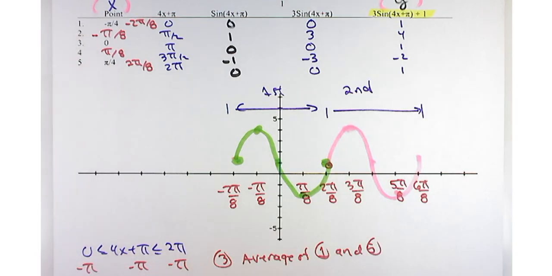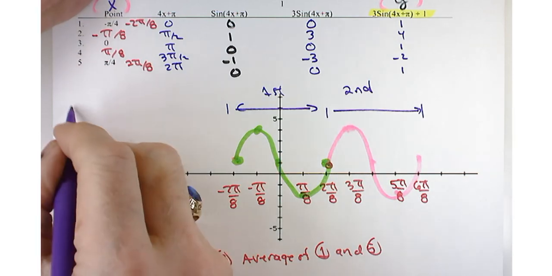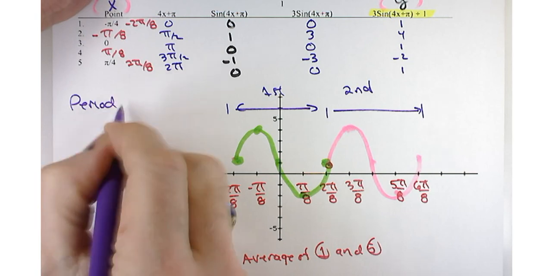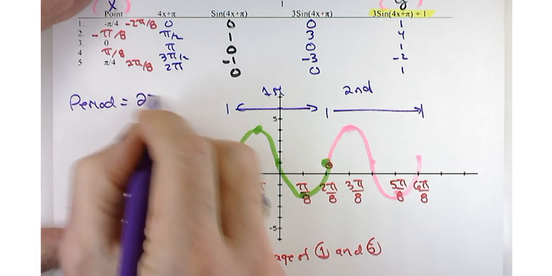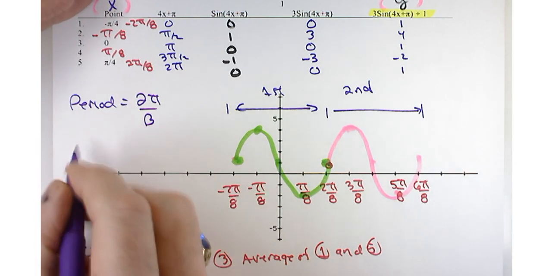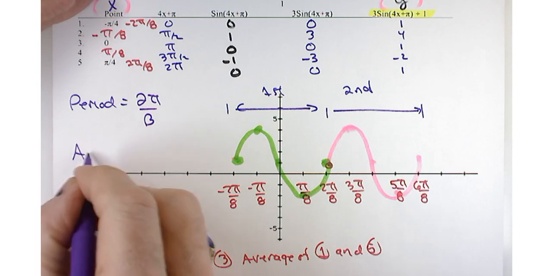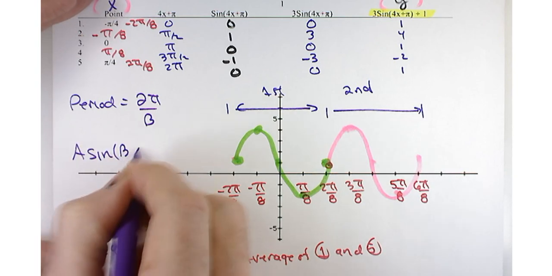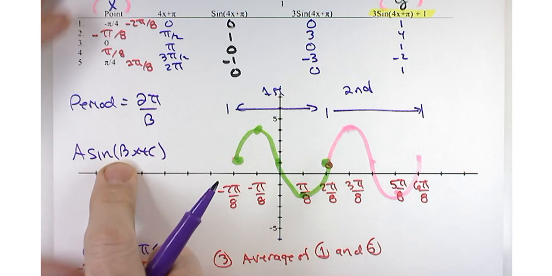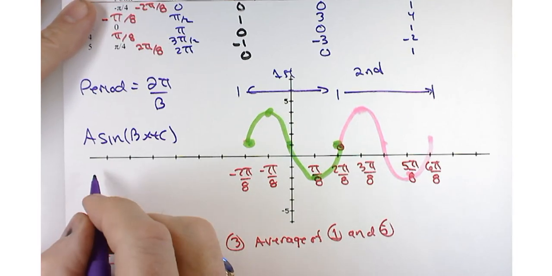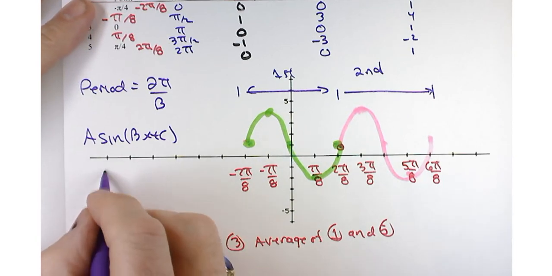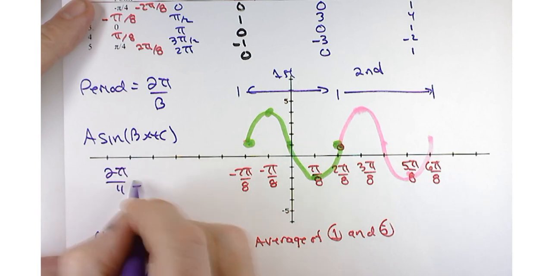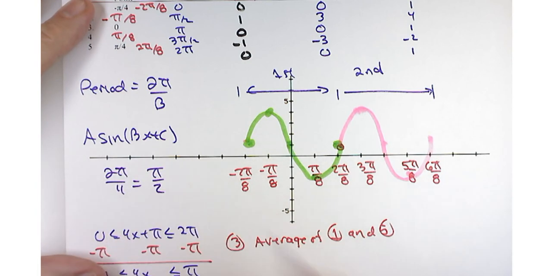Now, we didn't actually spend time finding it, but we could have. Remember, how do you find the period of the graph? The period equals 2 pi over b when you're talking about a sine of bx plus c. So in our particular case, that's 2 pi divided by 4, which simplifies to pi over 2.